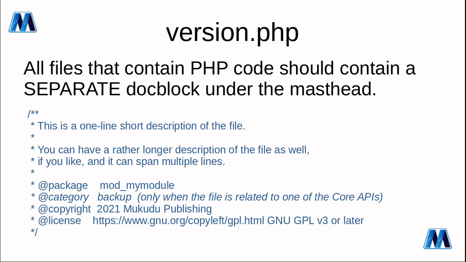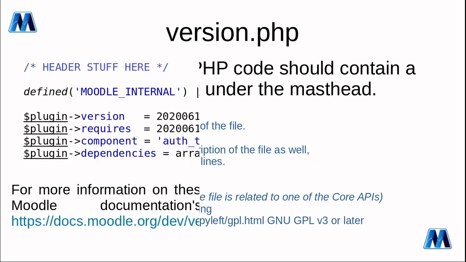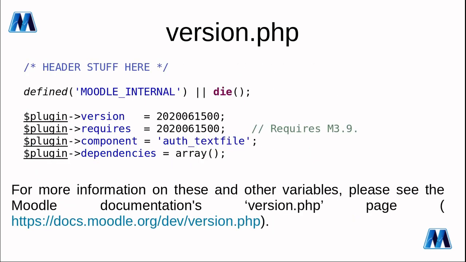And the ones that are usually required are package, copyright, license. Category is only basically used for core APIs, but there are other tags, and we'll look at those again a little later on. So onto version.php itself, right?